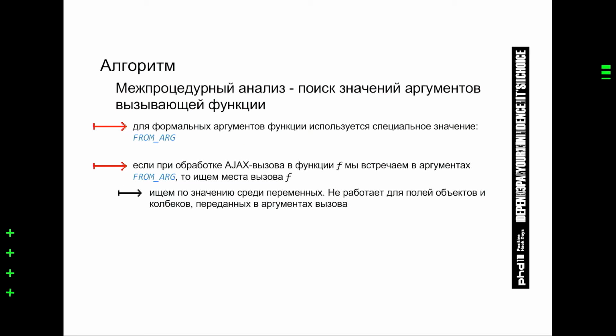How is it going to work? We are using from arg. I mentioned it already. If from arg encounters a $Ajax or something, then it means that this call depended on arguments, and we need to look for these calls and the types of arguments.